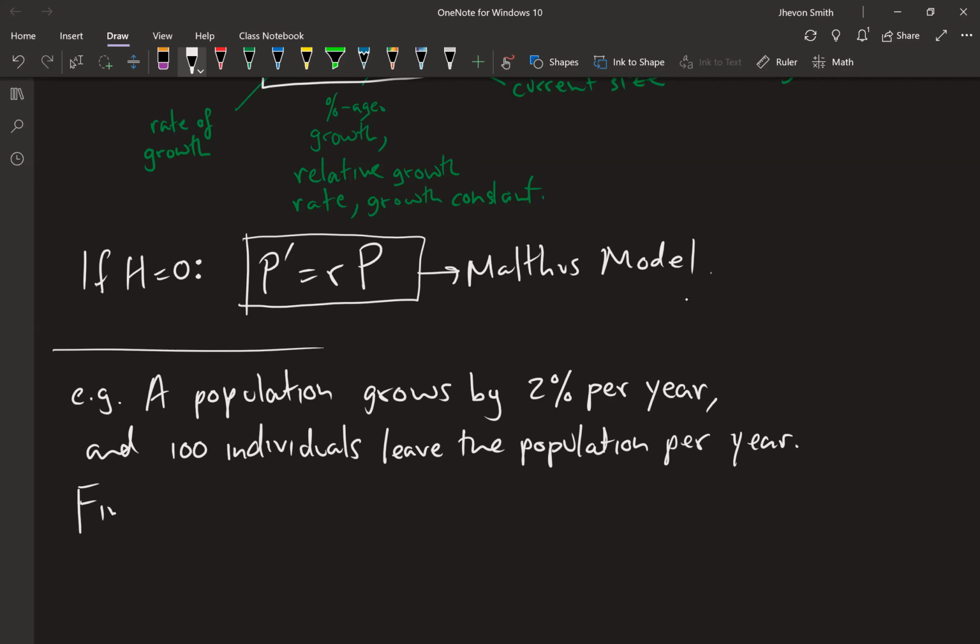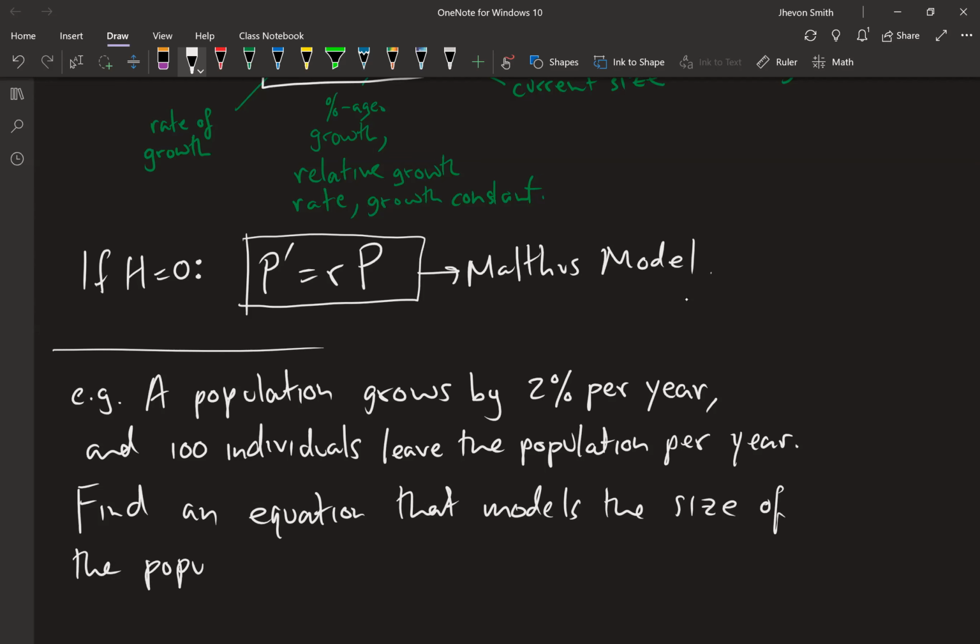Find an equation that models the size of the population P of t at year t.